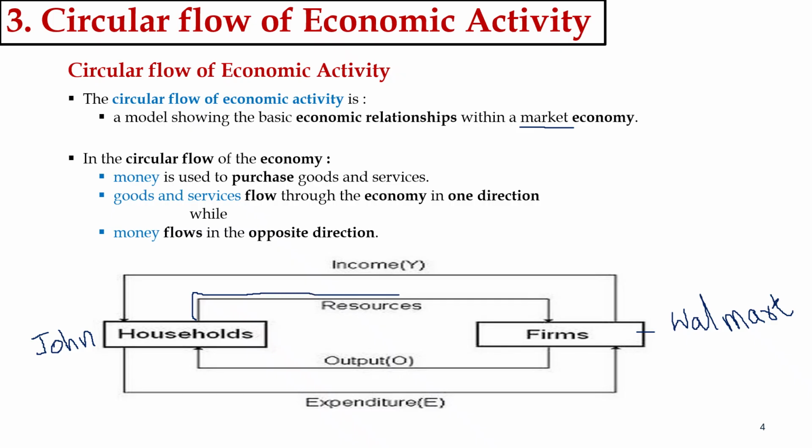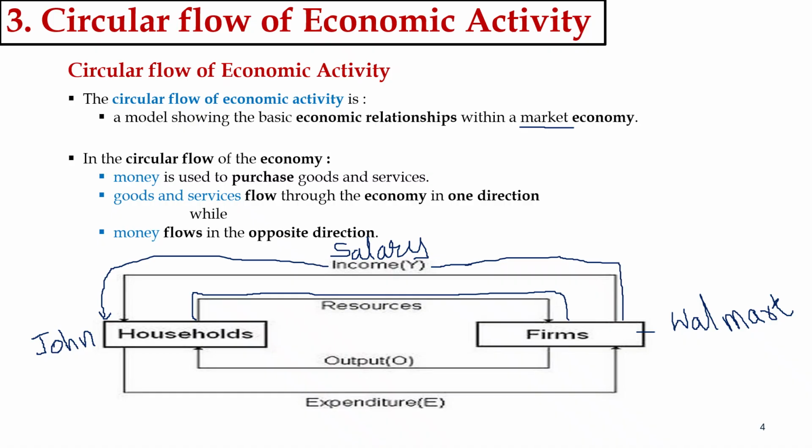Resources means he is giving his services, which means he is working in Walmart. So when Mr. John is working in Walmart, what will happen? The company will give him income. Income means here you can see salary. So Mr. John will be getting the salary for giving his services or for working in the company. So this income will be generated by Mr. John.